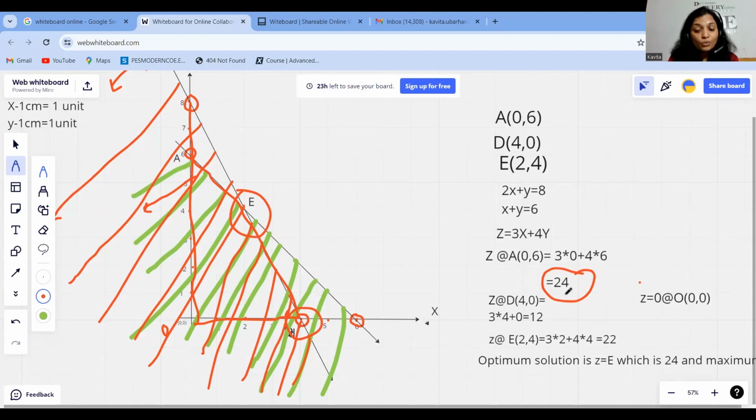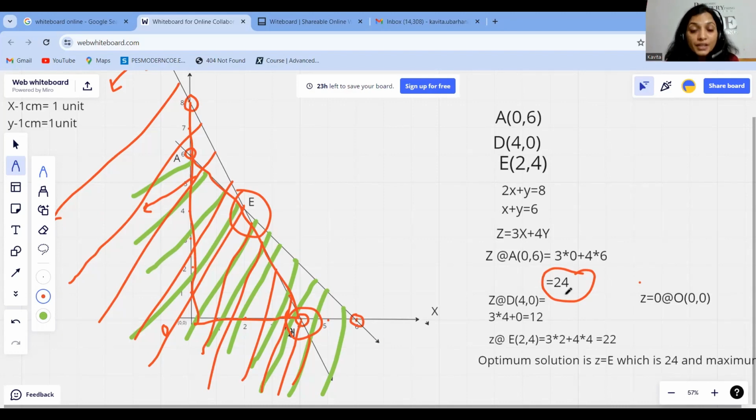Okay, so this is how we calculate the optimum solution and feasible solution of a linear programming problem, and graphs also. You have to remember that to solve a linear programming problem, first of all, we need to convert inequalities into equalities.